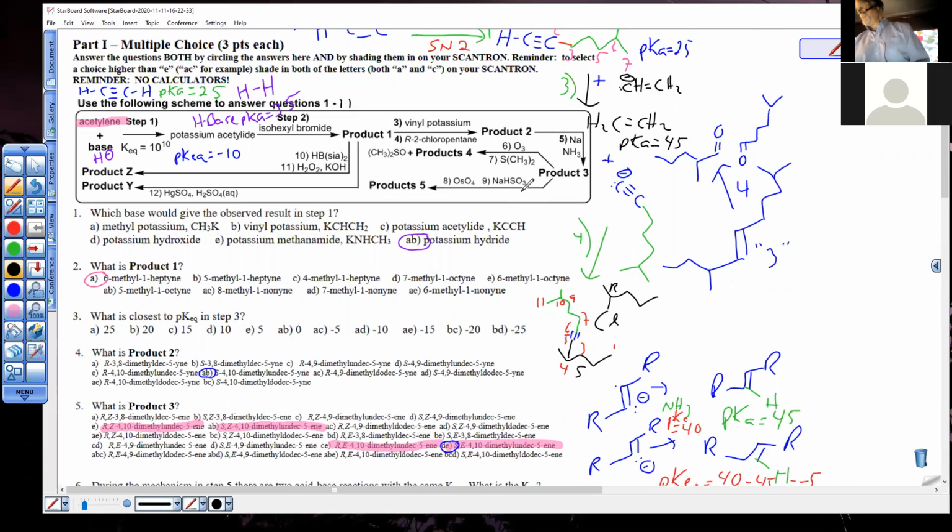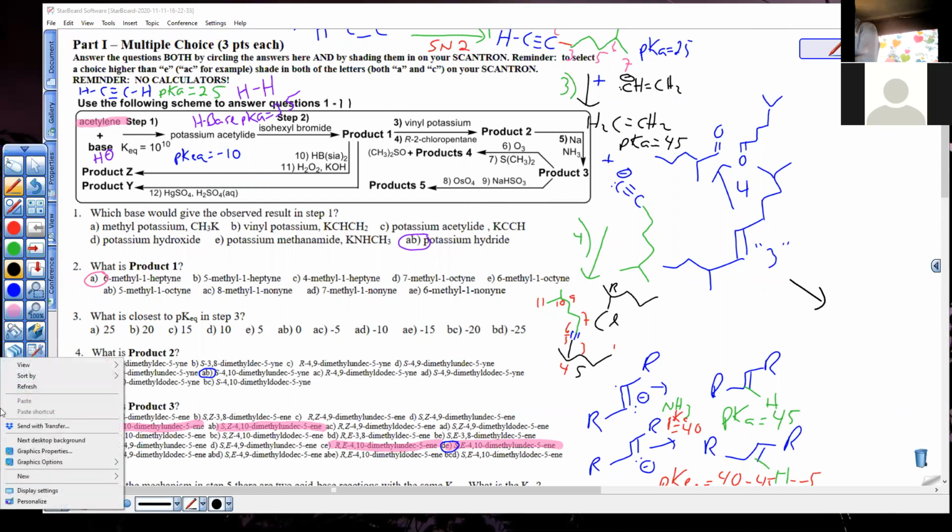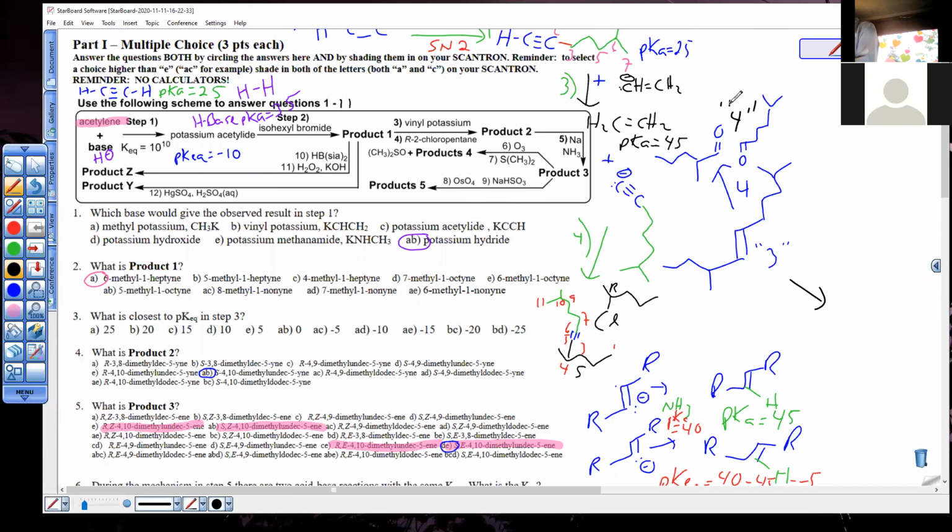OsO4 and NaHSO3. That will make a vicinal diol. This will be 5. These 2 were 4. And this will be 5. And where the double bond was, you have one OH on a wedge and the other OH also on a wedge.